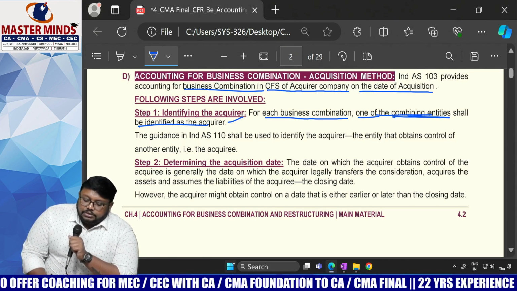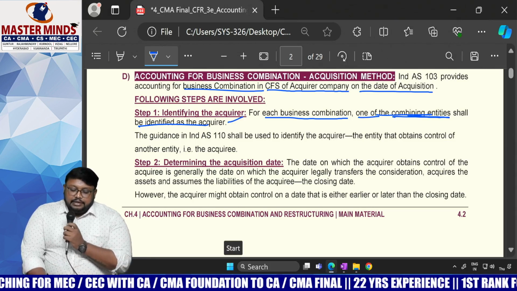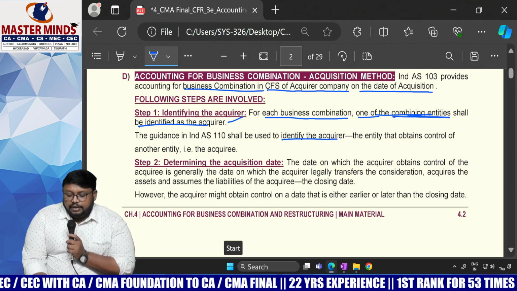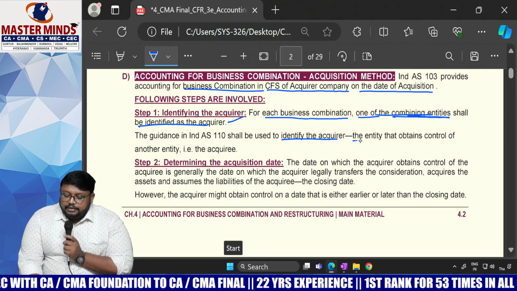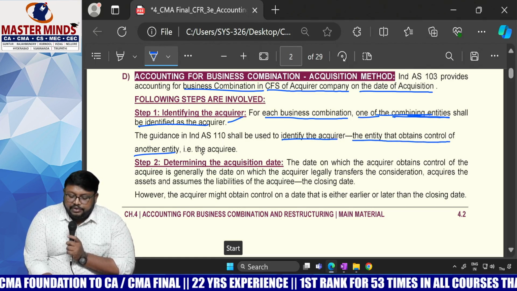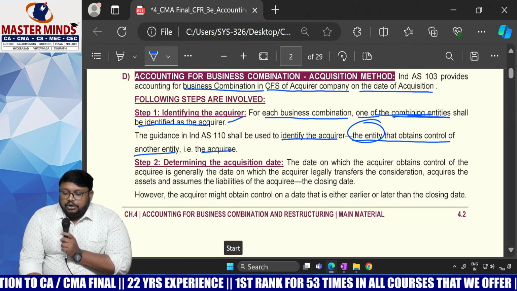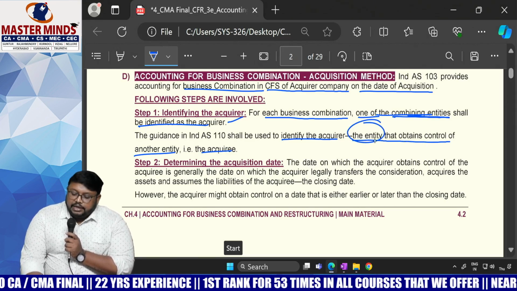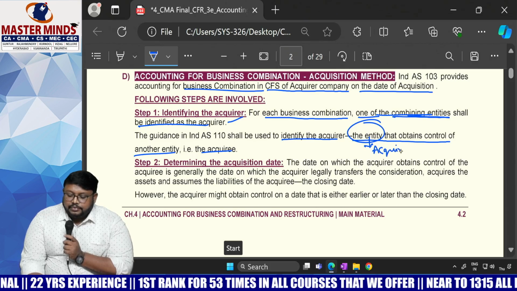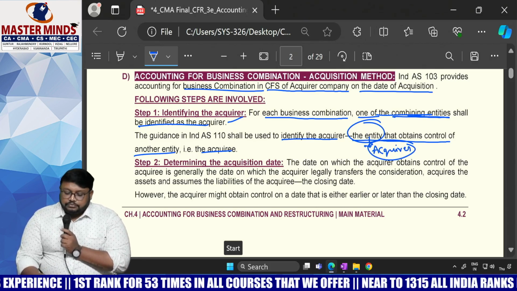The guidance of Ind AS 110, which deals with consolidated financial statements, shall be used for identifying the acquirer, the entity that obtains control over another entity. That other entity we call the acquiree. So which entity is obtaining the control over the other entity? That entity we can call the acquirer. We are identifying the acquirer in that scenario.